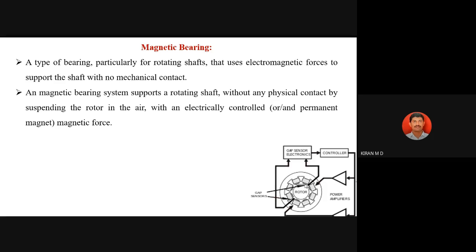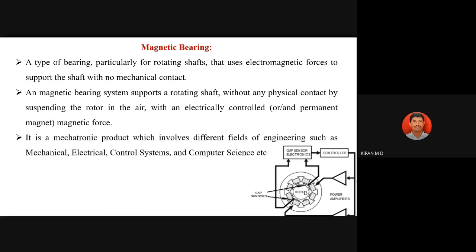Here we create the electromagnetic force to suspend the shaft in air, meaning there is no mechanical contact with any component. The shaft is freely suspended in the air, even when the shaft is undergoing some load.